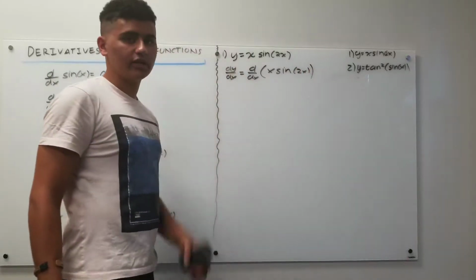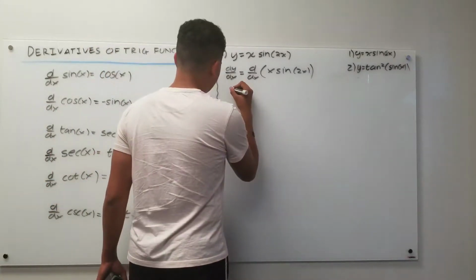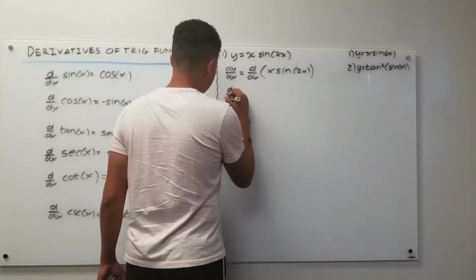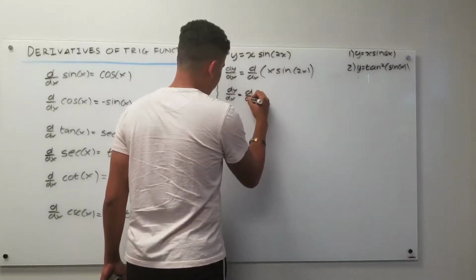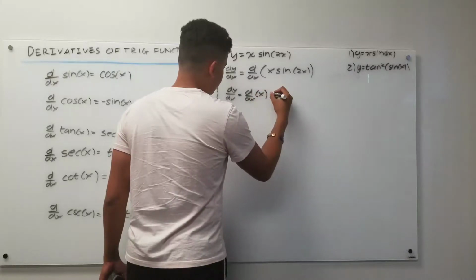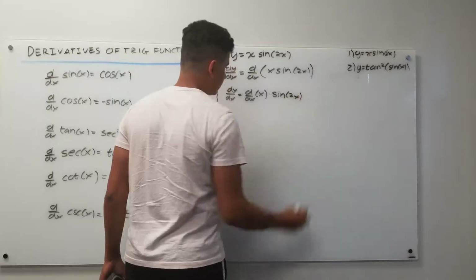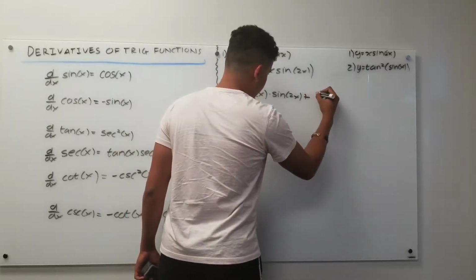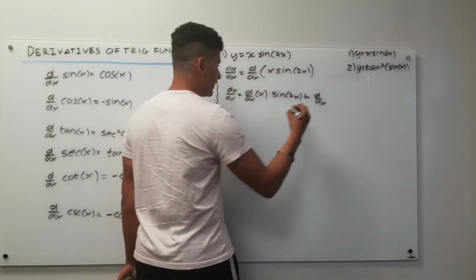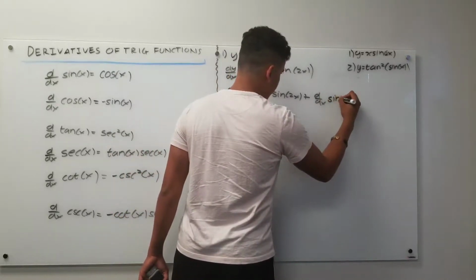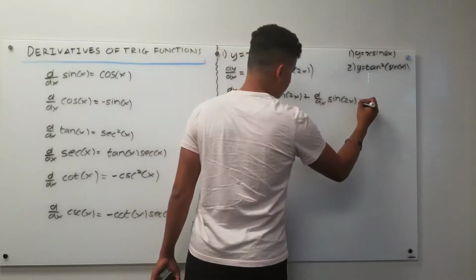Now, seeing this already, you know you're going to have to use some product rule with this. So dy dx is equal to the derivative of x times sine of 2x plus the derivative of sine 2x times x.